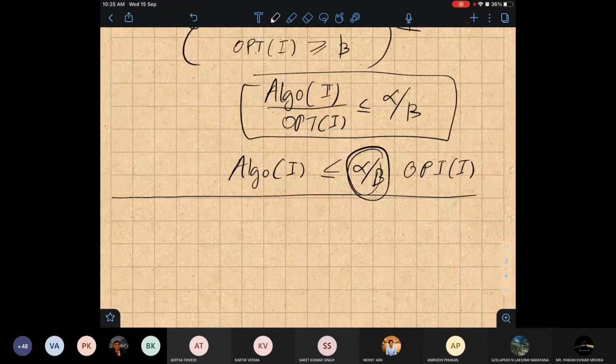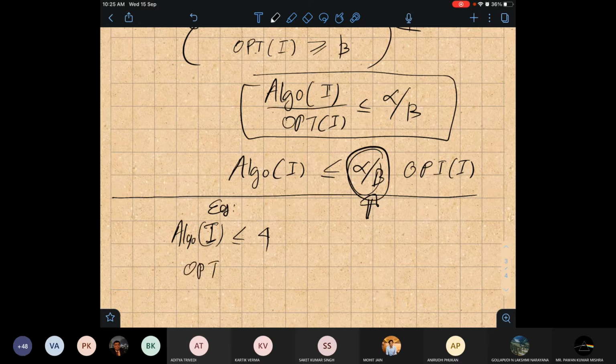Now I will give you an example. Suppose this alpha by beta is, for instance, some bound like 4. My algorithm, for this instance I'm talking about, will always give me something like 4, and opt is 2.